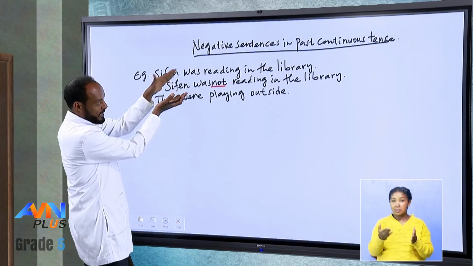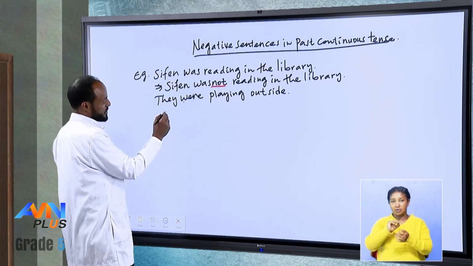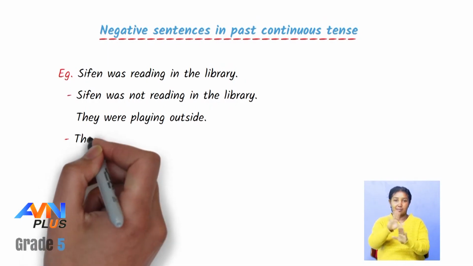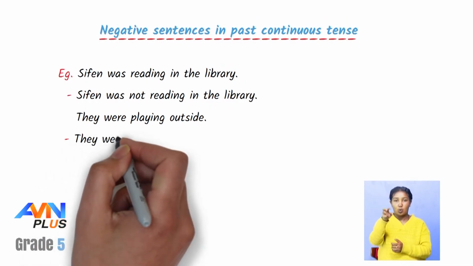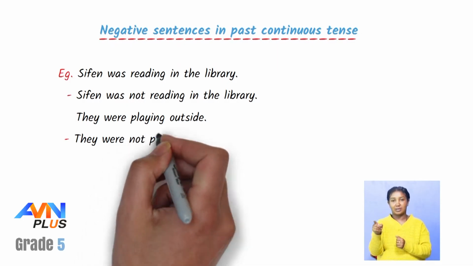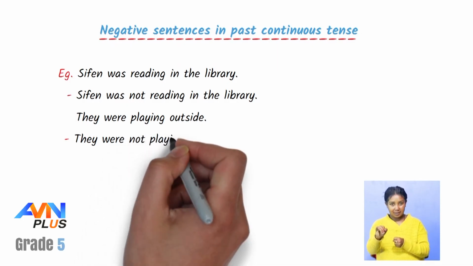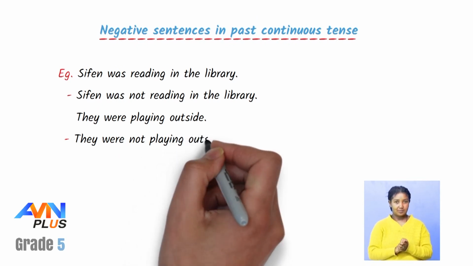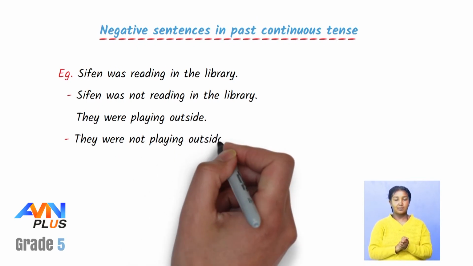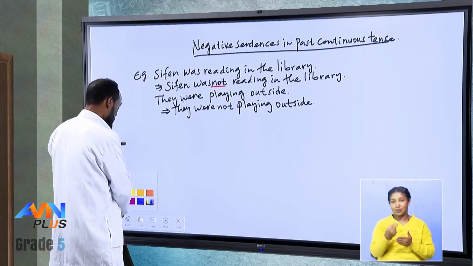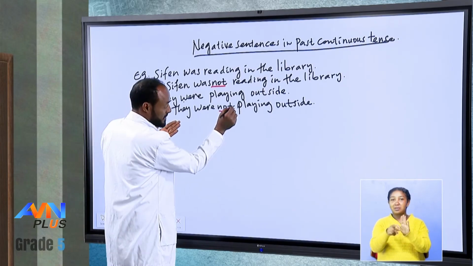According to this one, we change into negative by simply adding not. They were not playing outside. I hope I'm clear. Good. Look here. So which one is the negative marker? Not.